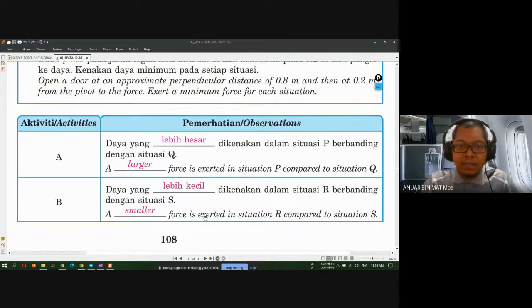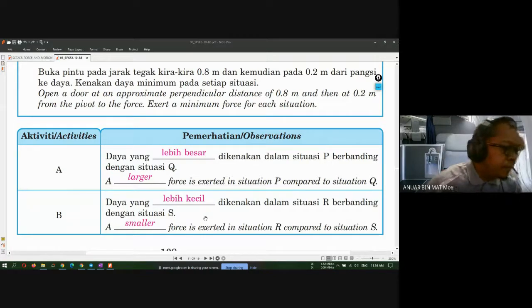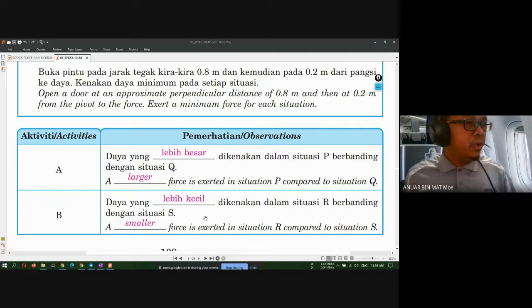So which are the answers? Okay, for B, smaller force is exerted in situation P compared to situation S. A larger force is exerted in situation P compared to situation S. These are the answers for the question on page 108.